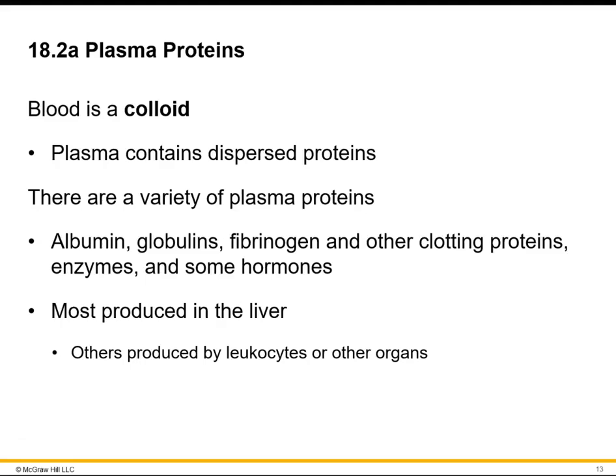Okay, so that's what a colloid is, and in blood it's going to be the dispersed plasma proteins that are suspended. These plasma proteins include things like albumin, globulins, fibrinogen, and the other clotting proteins, enzymes, hormones, and most of these guys are going to be produced in the liver. However, some are produced by other organs or even white blood cells.